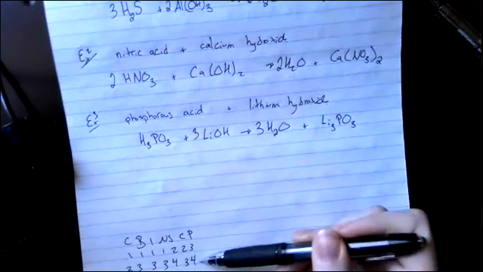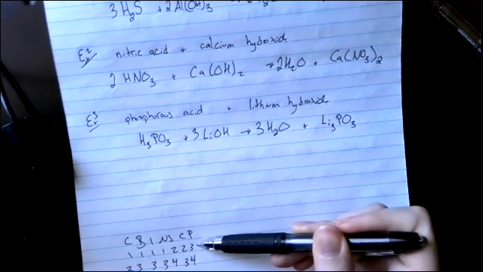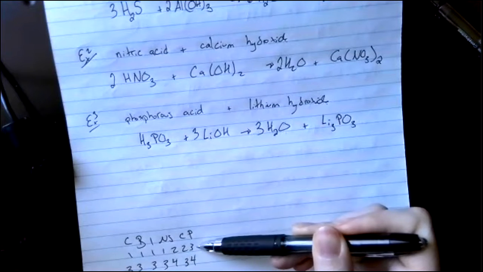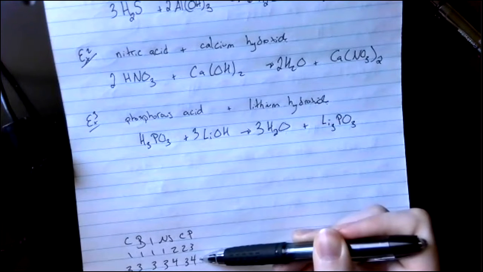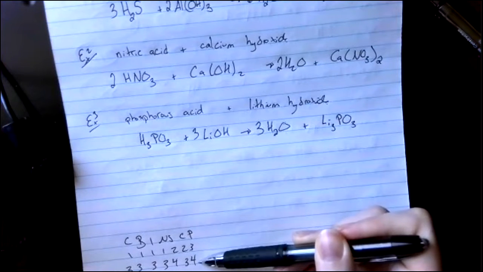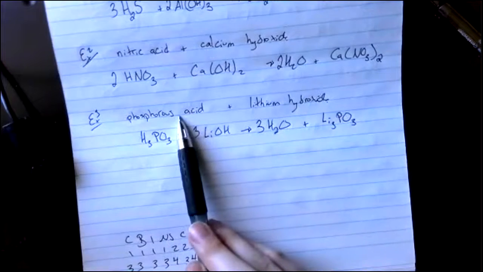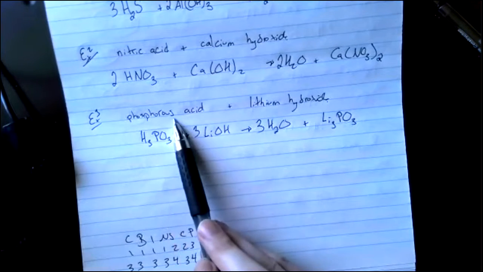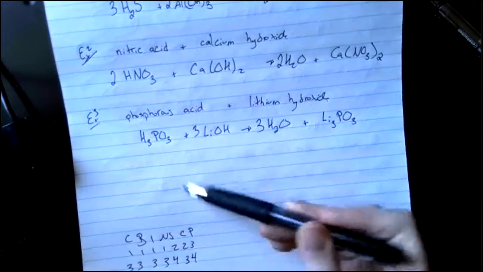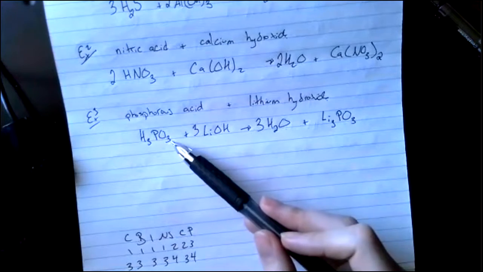So if we look at our CBIN-CP, we can see that phosphate normally has a charge of -3, and that is not going to change, but it normally has 4 oxygens. So if it was phosphoric acid, it would be H3PO4. Phosphorus acid is H3PO3. It's down an oxygen.